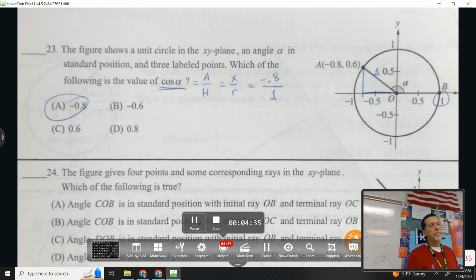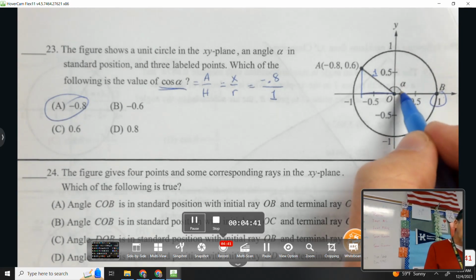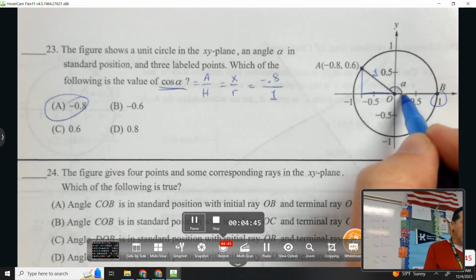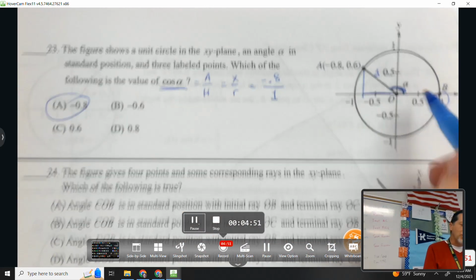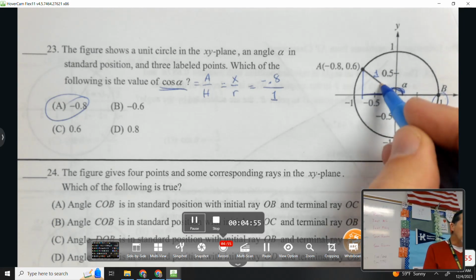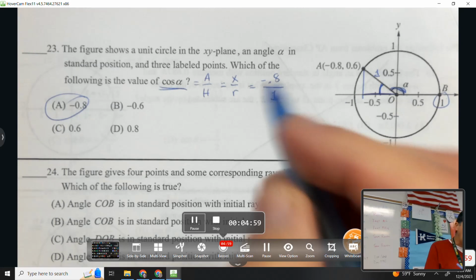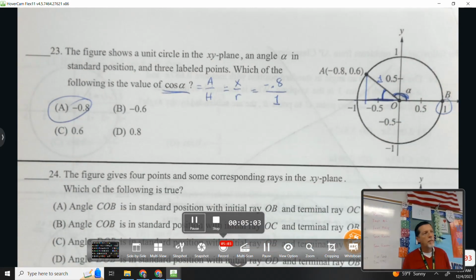The angle is this angle. But that's why we don't like adjacent over hypotenuse. So we use the reference angle, but we'll just have to make a note that x is negative 0.8. No, that makes sense.